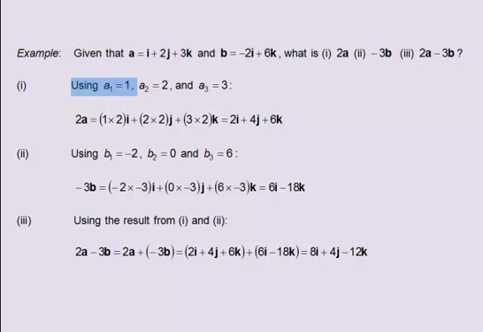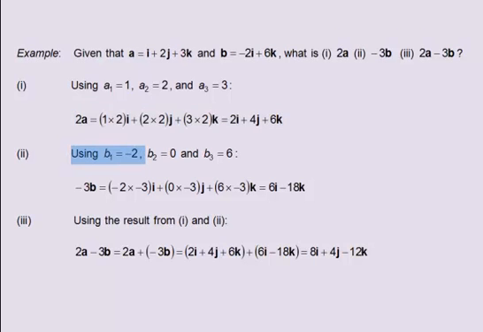Using a1 equals 1, a2 equals 2 and a3 equals 3, 2a equals 1 multiplied by 2, i, plus 2 multiplied by 2, j, plus 3 multiplied by 2, k, which equals 2i plus 4j plus 6k. 2.